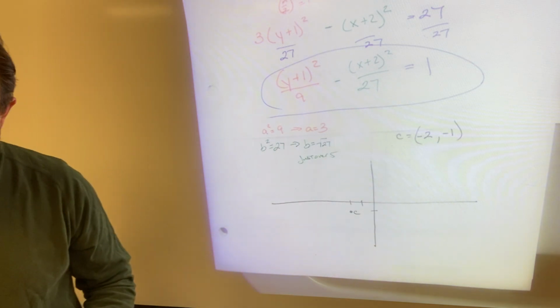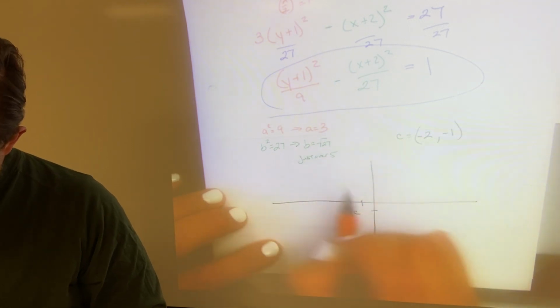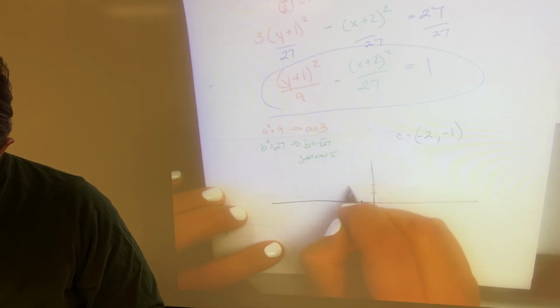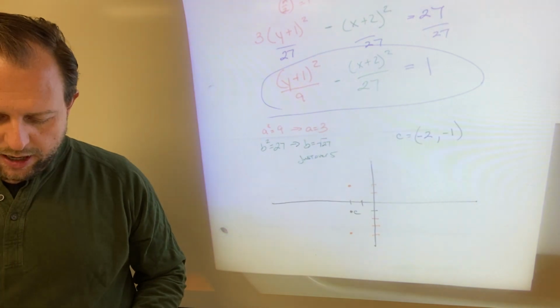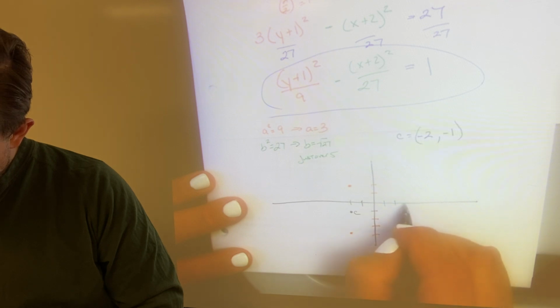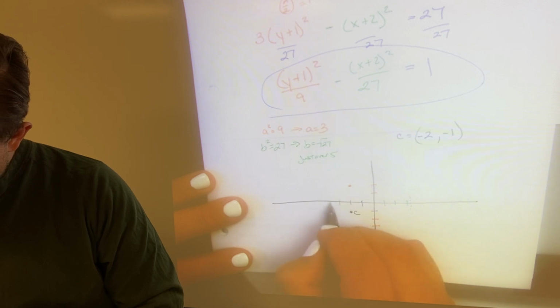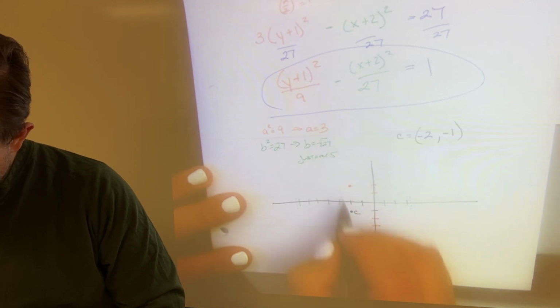It is opening top to bottom, so the a is going up and down. So a of 3 means up 1, 2, 3, or down 1, 2, 3. And then our b term is out 5. 1, 2, 3, 4, 5, and just a little bit over. And 1, 2, 3, 4, 5, and just a little bit over.